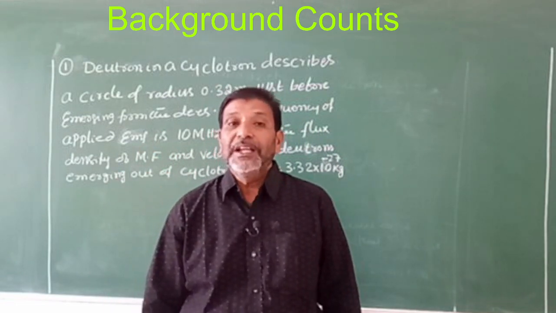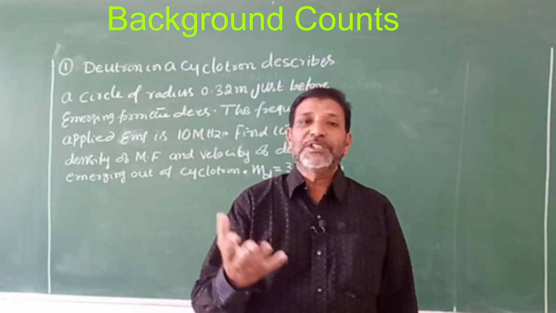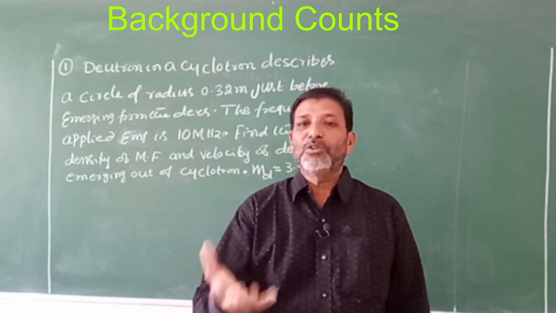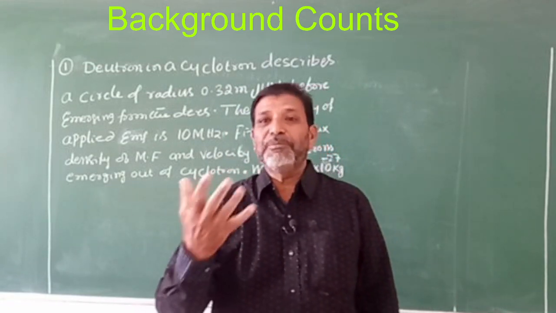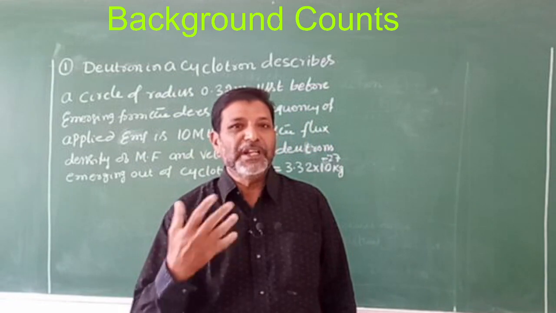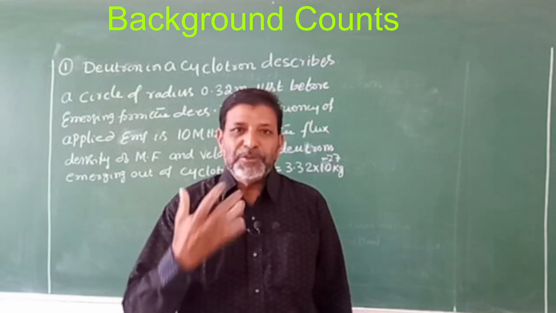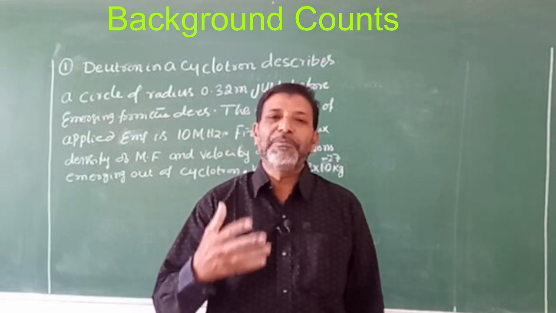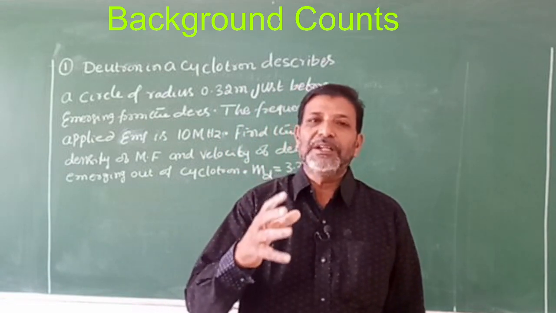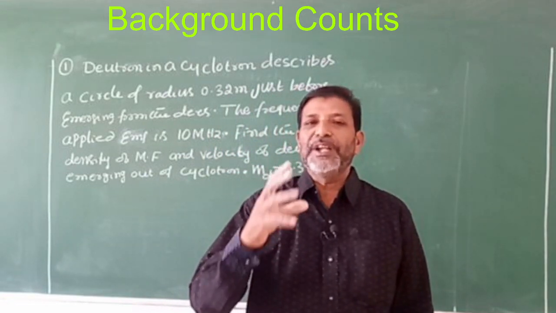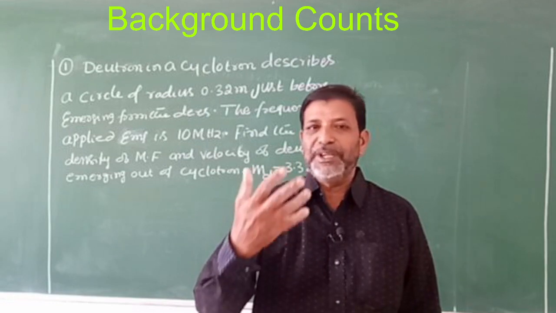Then I can ask the question: what are the background counts, and how can you find them? Since it is an online class, some of you might know, but some of you may not remember how we find the background counts. Let us make it clear.